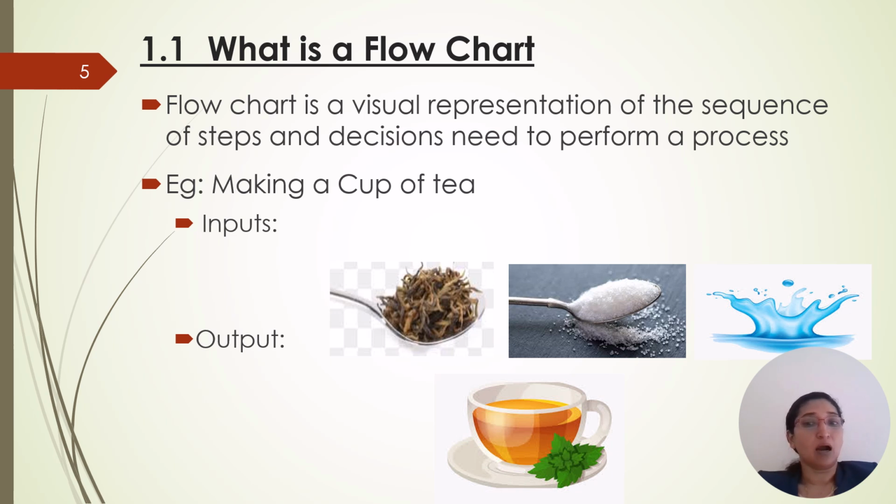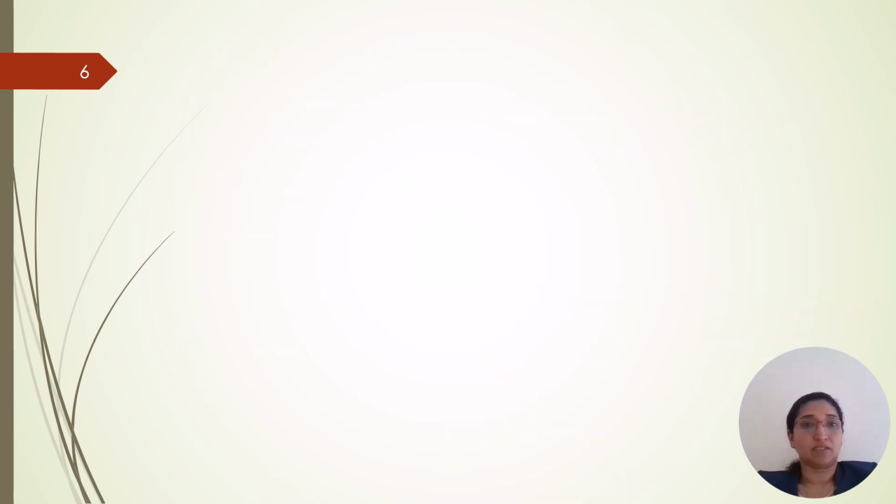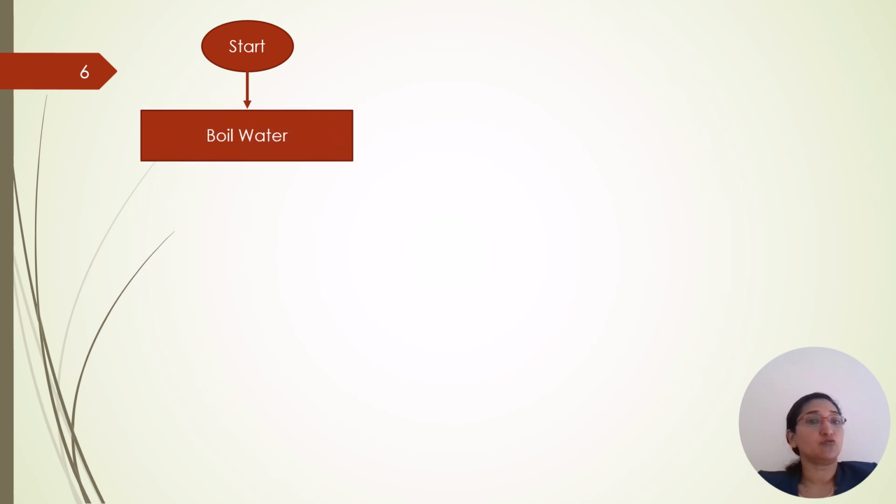Now let's see how to draw a flowchart for this process, making a cup of tea. So you start your process, and to make the cup of tea, you first need to boil the water. So the first step is boil water.